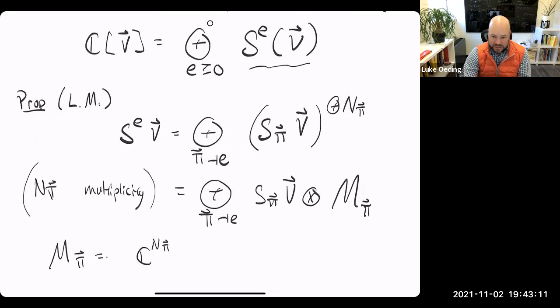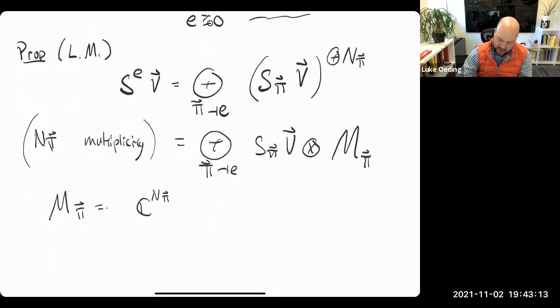It can be thought of as the multiplicity space or the highest weight space, depending on which vector you take from the other module. I want to prove this proposition because the proof shows you how to do the computations.